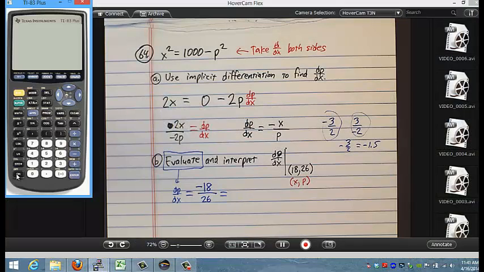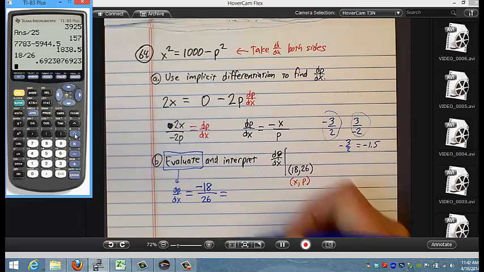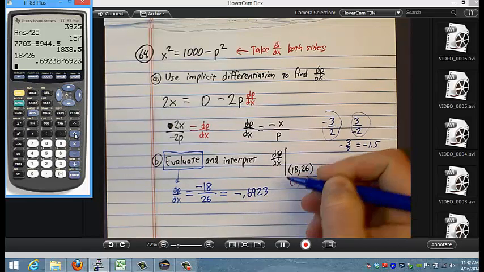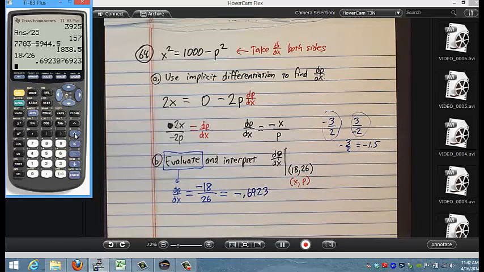Let me do 18 over 26. That's .6923, so negative 0.6923. Now we also need units, right?